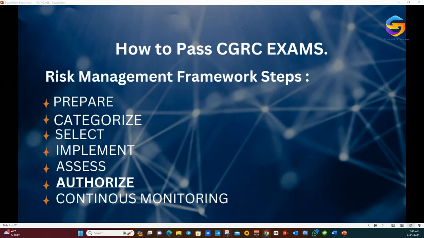Now, we want to continue with our journey on how to pass the CGRC exams, formerly known as the CAP exams. So for some time now, we've been looking at the various steps in the RMF, and we've looked at the prepare step, the categorize step, the select step, the implement step, the assess step, and the authorize step, and that is where we are now.